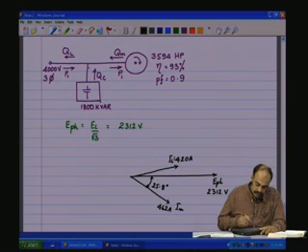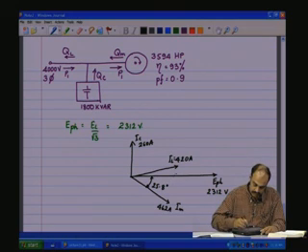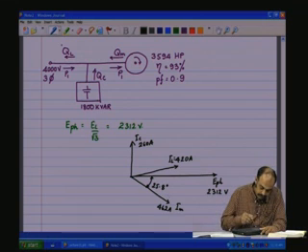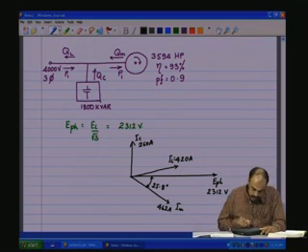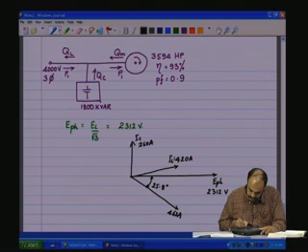And then we have the IC, which leads, and that is 260 amps. Let me draw this properly. This is IM, 462 amps.